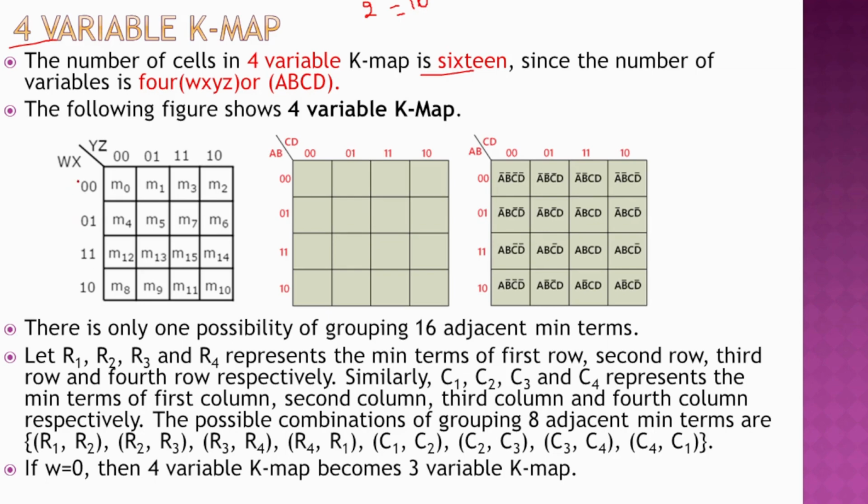This is mentioned with W, X, Y, Z. This column is filled with WX and this column is filled with YZ, and this K map is filled with the ABCD values. There will be only one possibility of grouping 16 adjacent minterms because it has 16 cells. So there will be only one possibility to group this whole 16 values.